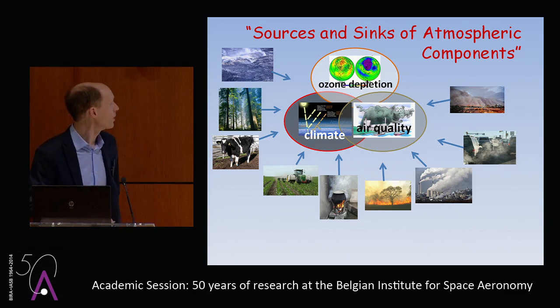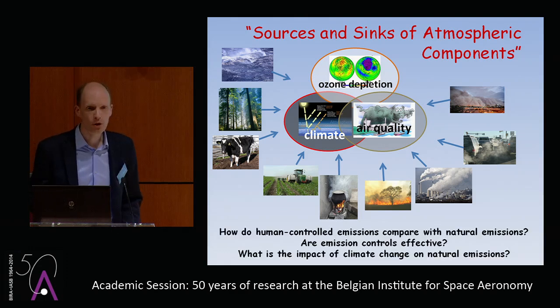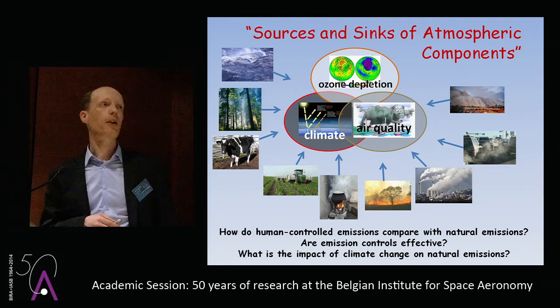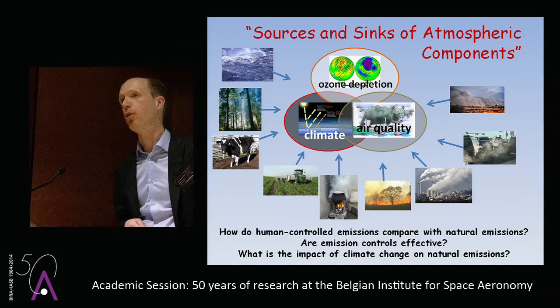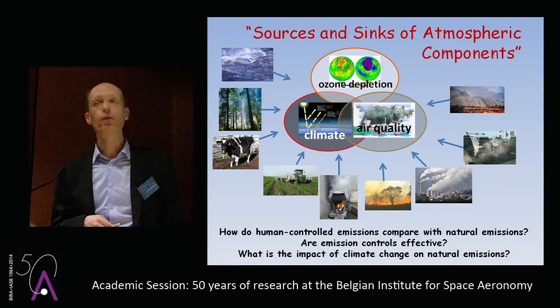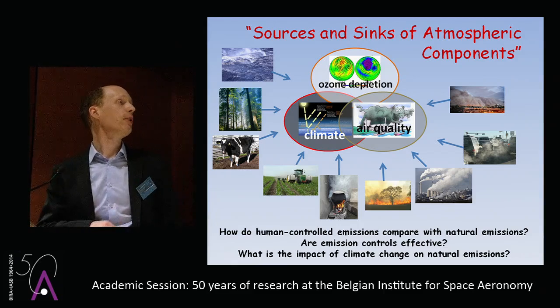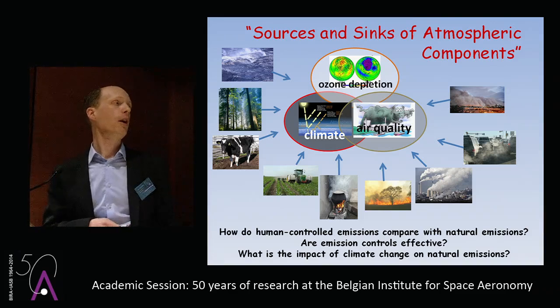The emissions are multiple. Some are anthropogenic, some are natural, some are somewhere in between, natural but partly controlled by human activities. So the good questions that the public and the policymakers want us to answer are how much of the emissions are human controlled and how much is natural.